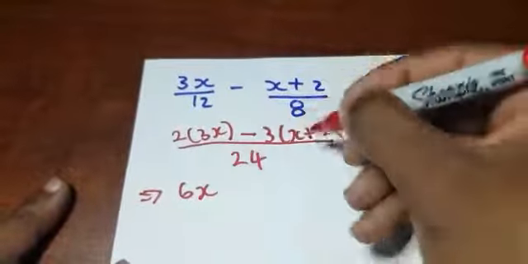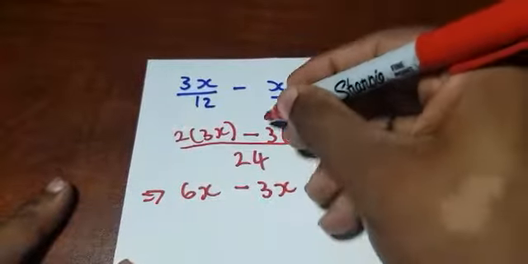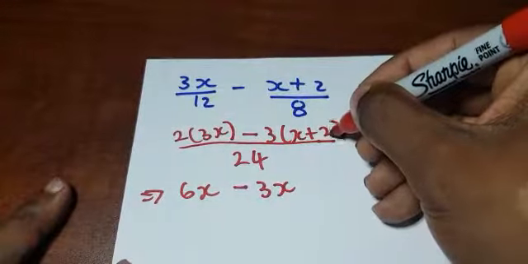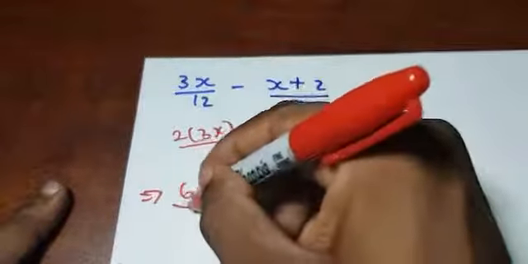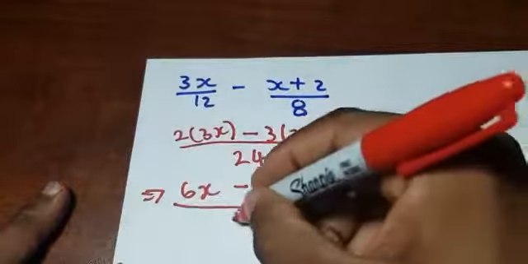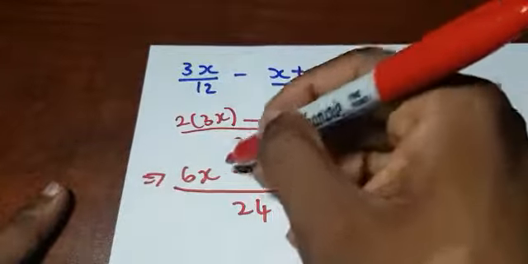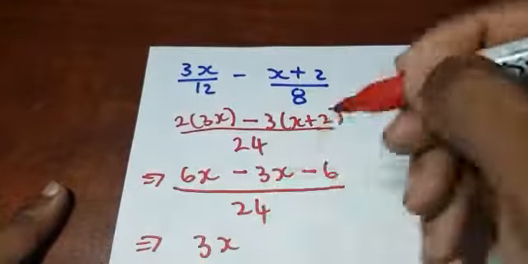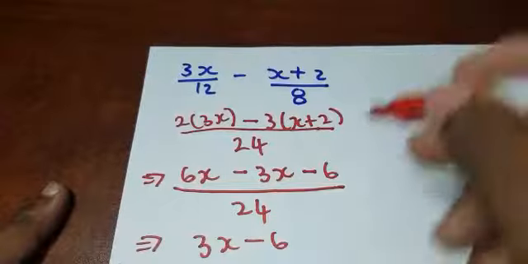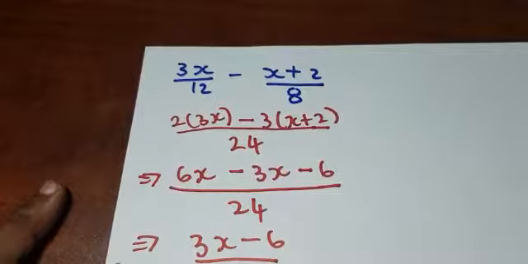So this is 6x, and then minus 3 times x, that's 3x, and minus 3 times positive 2, that is negative 6. And then write the 24, the LCM. So what we can do here is simplify. In the next line, we will have 3x minus 6, sorry, I should have said 6x minus 3x. So 3x minus 6 all over 24.